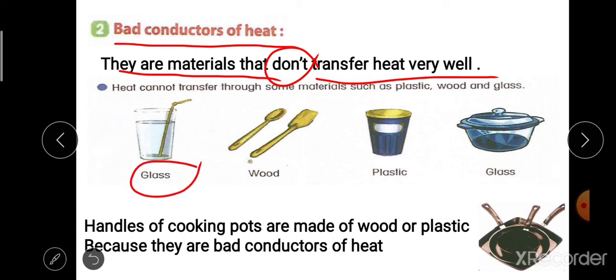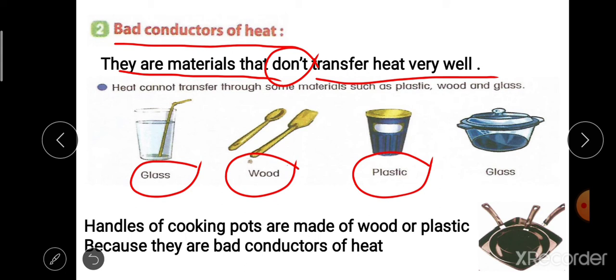Like the glass, the wood, and the plastic. They are bad conductors of heat, which don't allow the heat to move through them, and then they don't become hot.